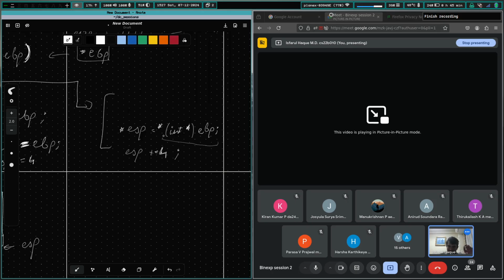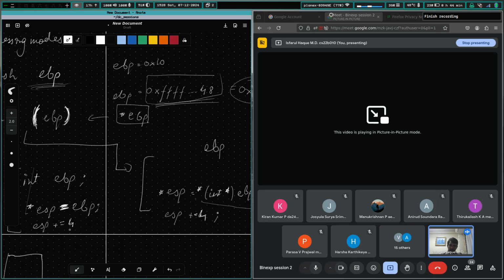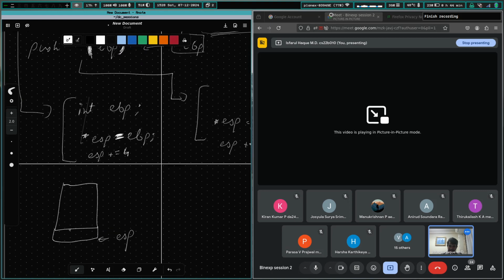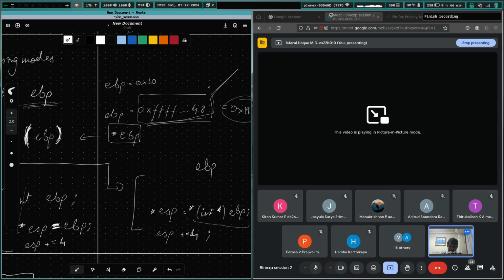EBP is of type int. This is saying take it as int star, so take it as a pointer, and dereference that pointer. So this entire thing is saying get this value somehow. Then do the same thing to the stack with this value instead of this value. Is that much clear?